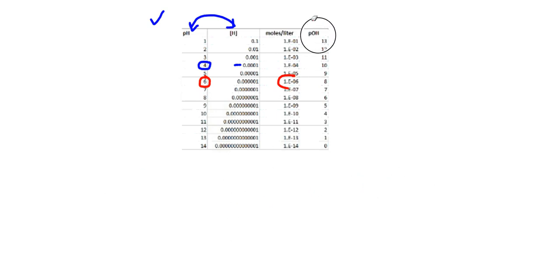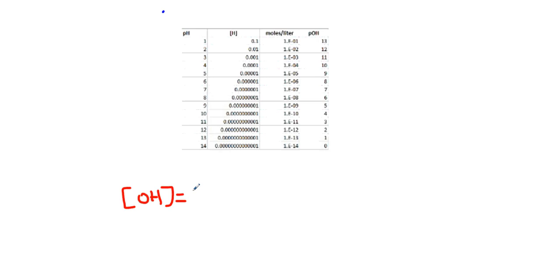Suppose I told you now that I'm going to measure the concentration of hydroxide in a base, and it was 10 to the negative 3. No problem. The pOH would be 3. Really simple, huh?